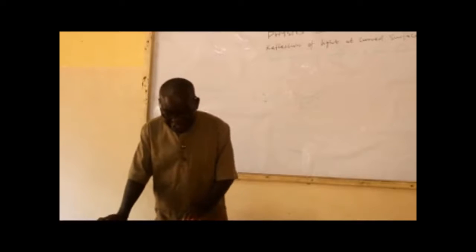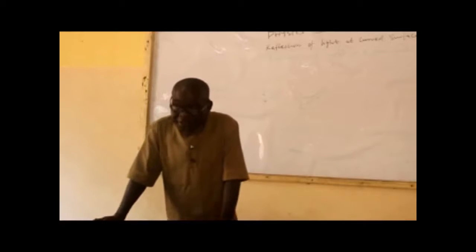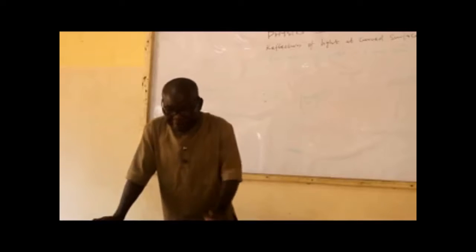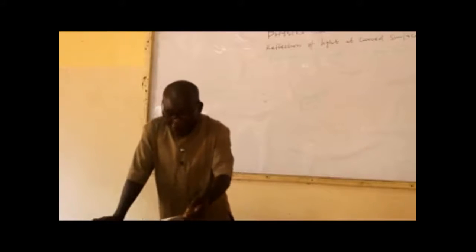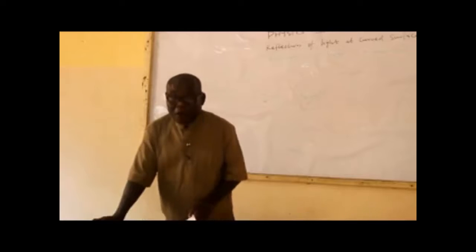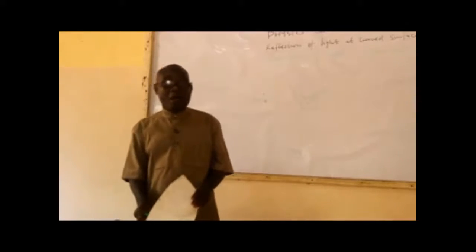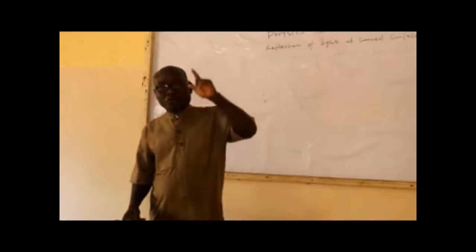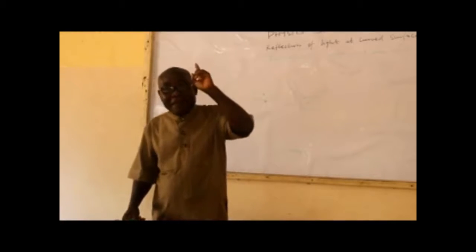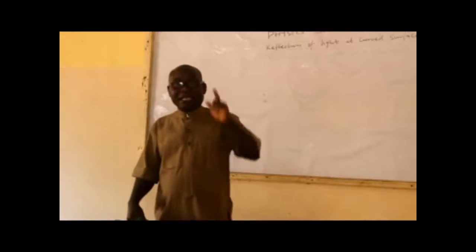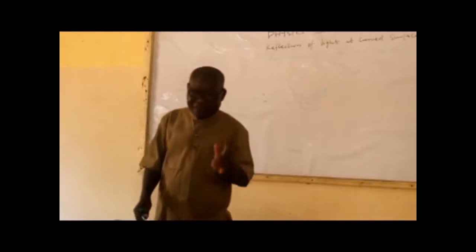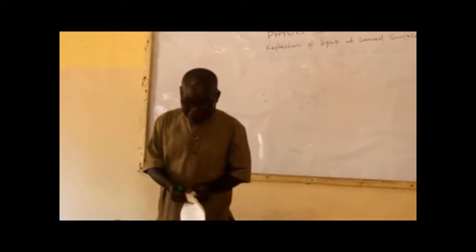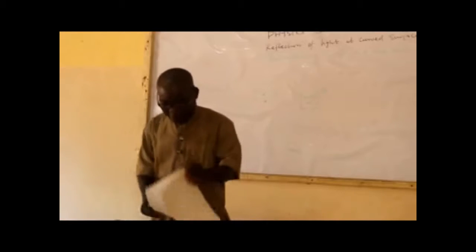The first law says that the incident ray, the refracted ray, and the normal at the point of incidence all lie on the same plane. In reflection, we use the incident ray and the reflected ray, but here it is the incident ray, the refracted ray, and the normal at the point of incidence all lying on the same plane. That is the first law.